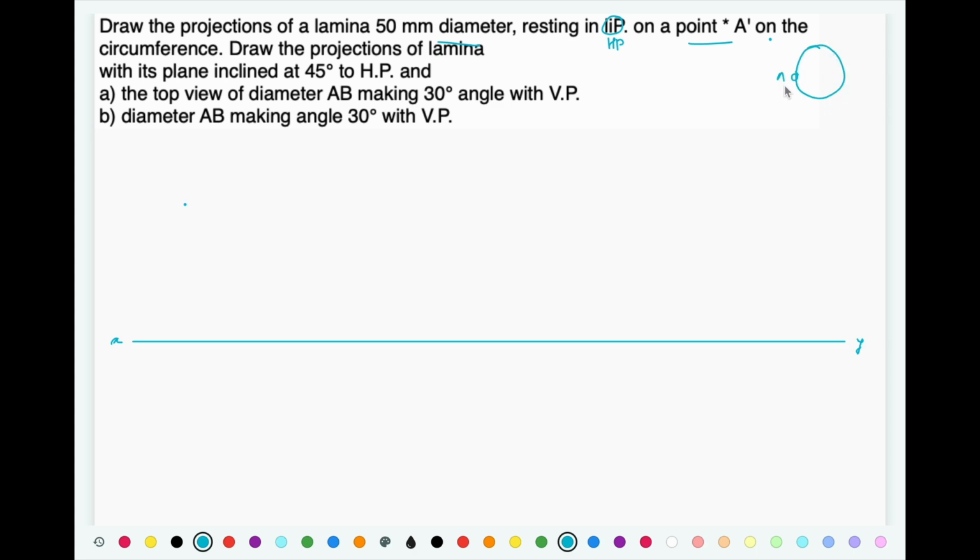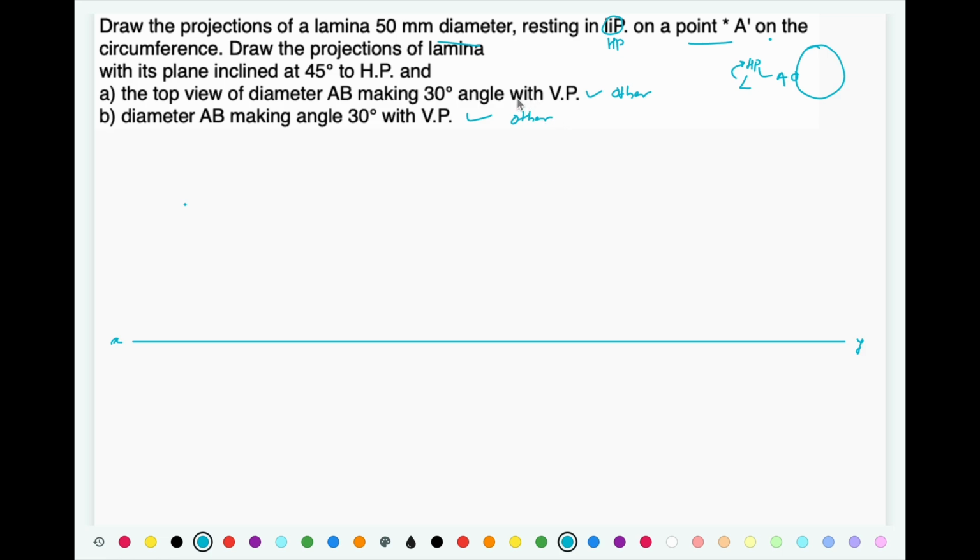Let's say there is one point A, and on this point it is resting on HP, and it is also inclined to HP. Next, there are two additional conditions given in other inclination. This is also part of other inclination, and this is also part of other inclination.